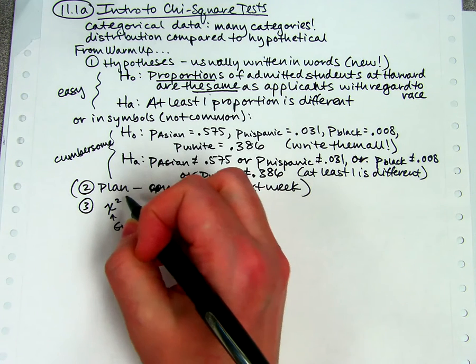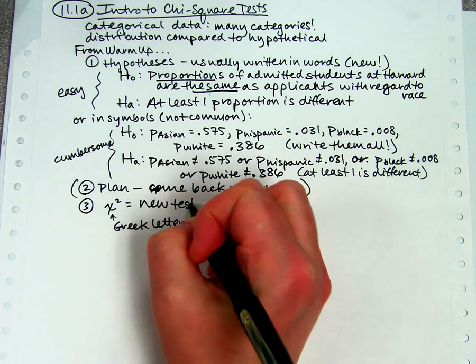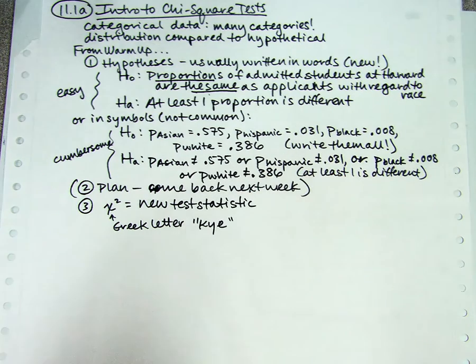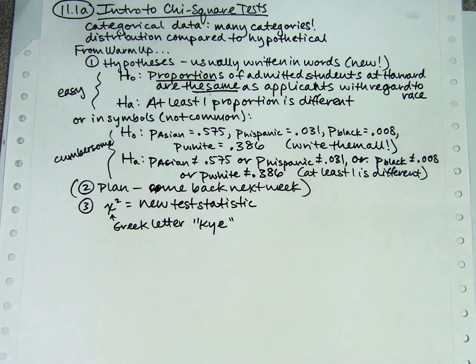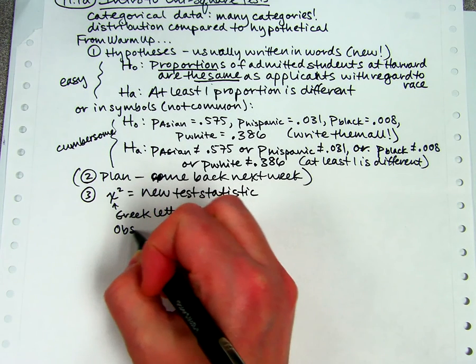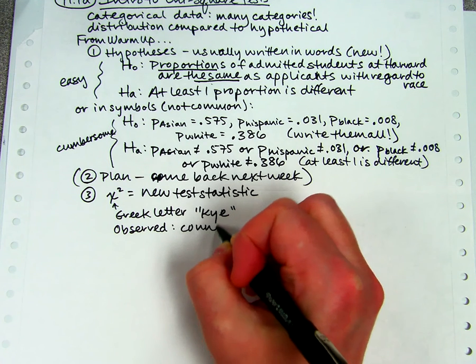So chi-squared is our new test statistic. It's found by calculating observed counts compared to expected counts. Observed is the counts in each category of the sample.